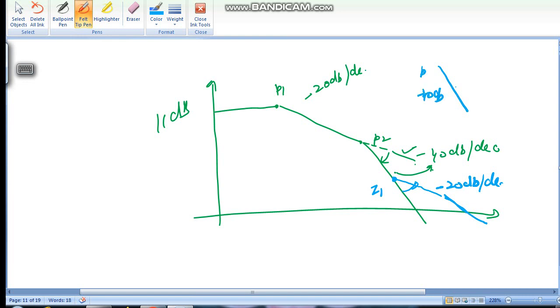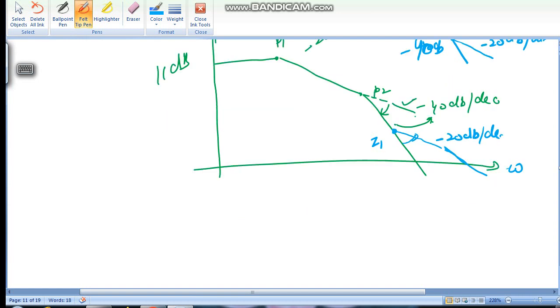You put Z1 somewhere here, which has a roll off of plus 20 dB. If you add these two roll offs, minus 40 plus 20, it comes to minus 20 dB per decade roll off. I hope you now understand how poles and zeros affect your Bode plot.